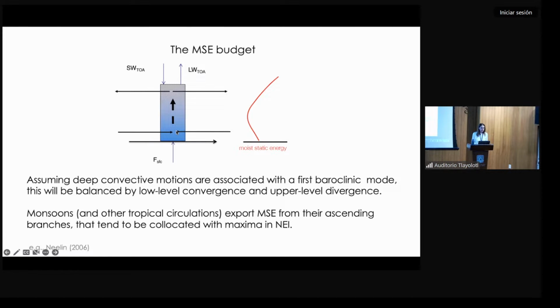The development of diverging motions away from regions of net positive energy input implies that these circulations are transporting energy away from regions of positive net energy input, which tend to be collocated with ascending branches, lower level convergence and upper level divergence of these overturning circulations.